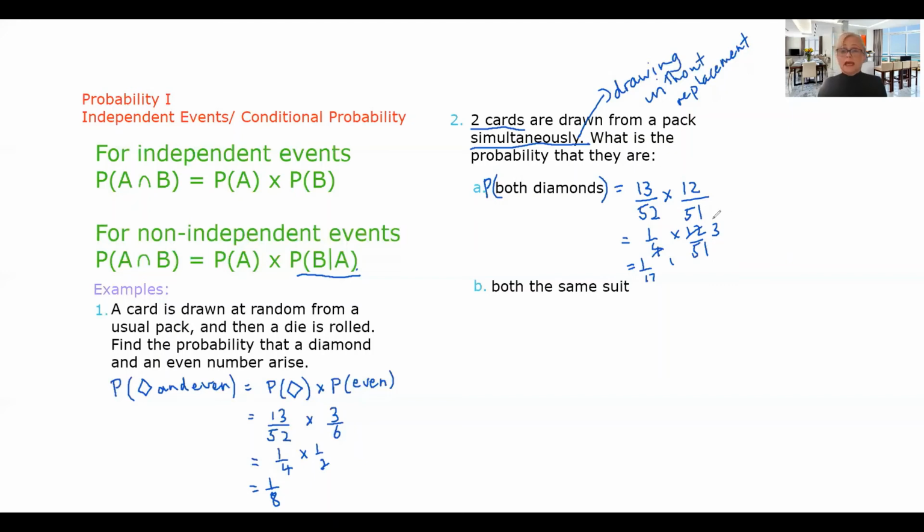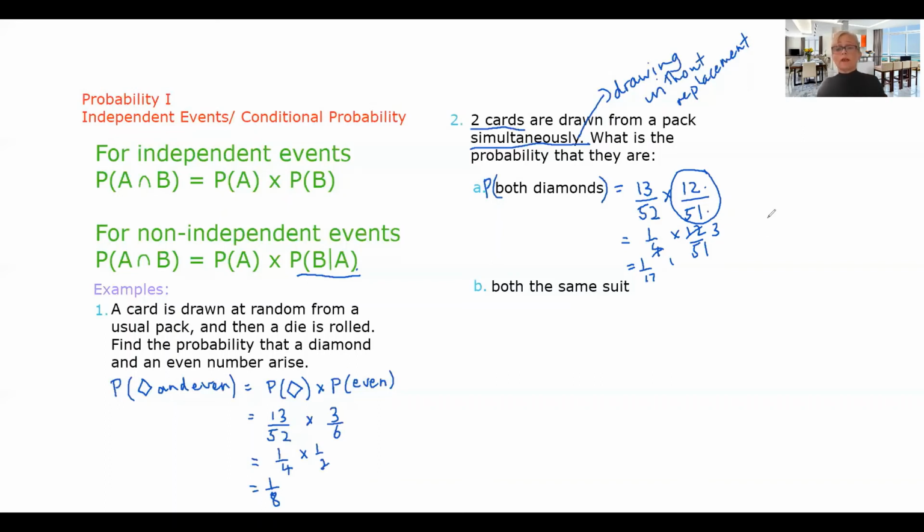Now, do you see how that's different? We're not just doing probability diamond times probability diamond, where this bit here, we are assuming that we've already got a diamond. And we're saying how many diamonds are left and how many cards are left. We could even extend that if we wanted to and say we draw 3 cards simultaneously.